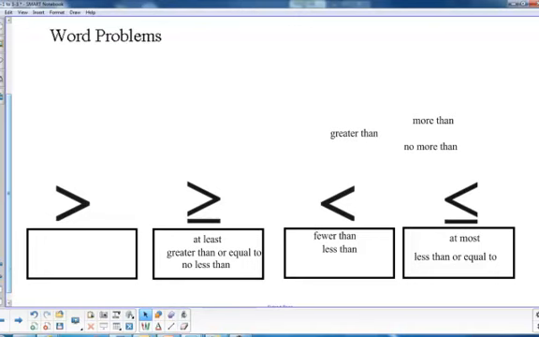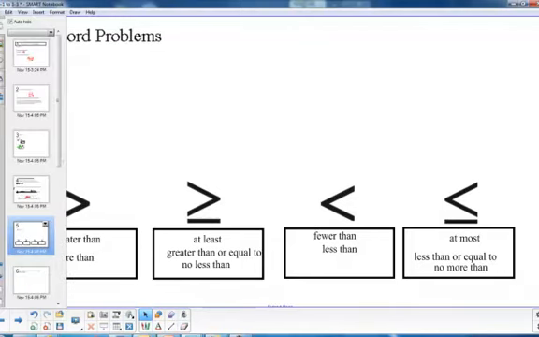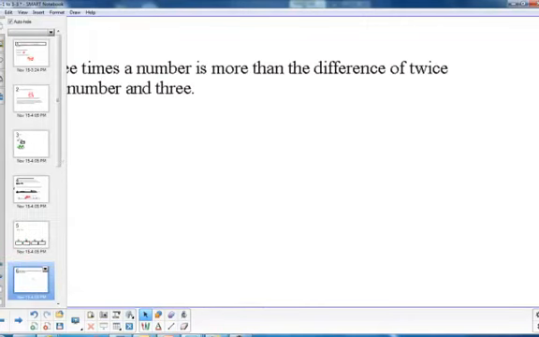Just greater than is right here. More than is the same as greater than. If I have no more than $10, it means I could have $10 and I could have less. So this is no more than, and this is no less than. That could be tricky. I always like to think of money when I'm trying to think about what it means.